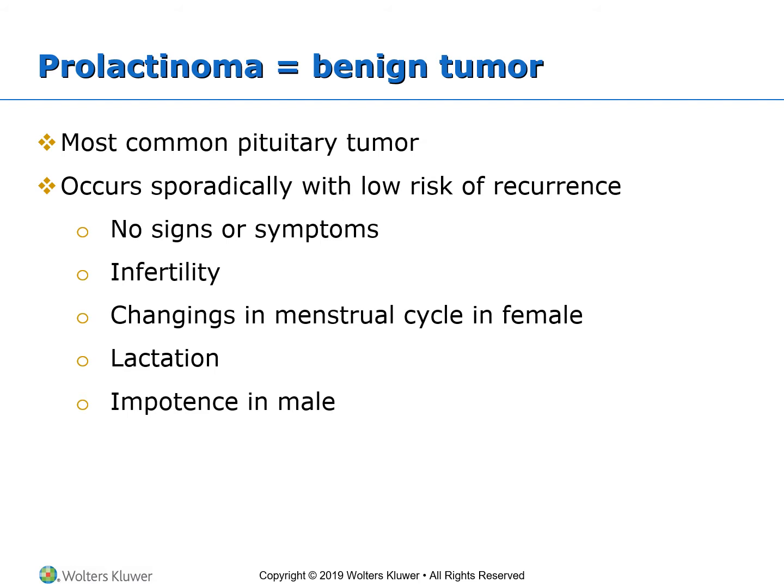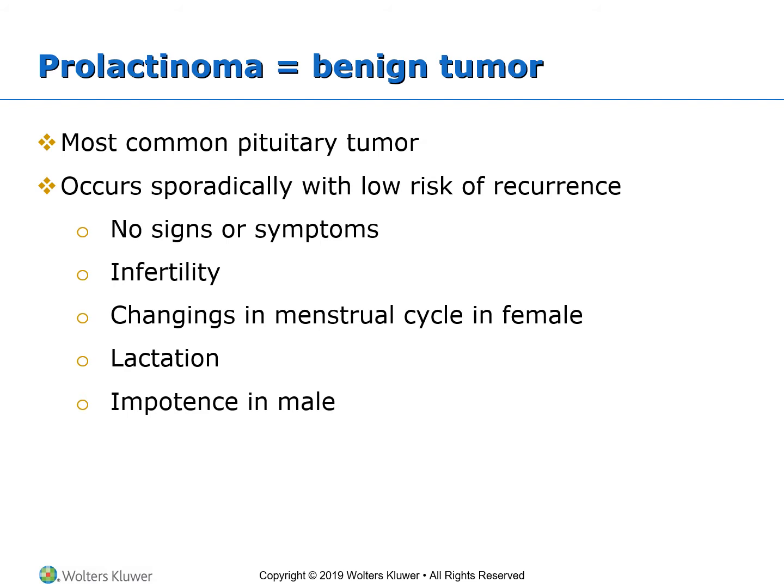However, a tumor out of those cells can develop sometimes. As a fact, it's probably the most common pituitary tumor that we have. It has a very low risk. In most cases, patients may have no signs or symptoms. In other cases, this tumor may be diagnosed when we are investigating causes for infertility.